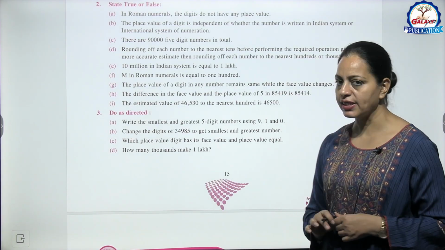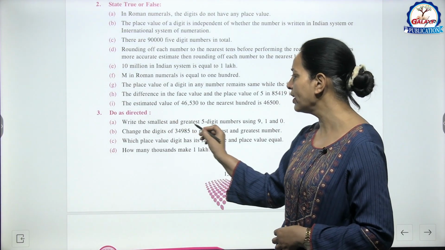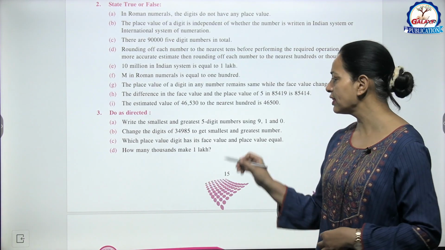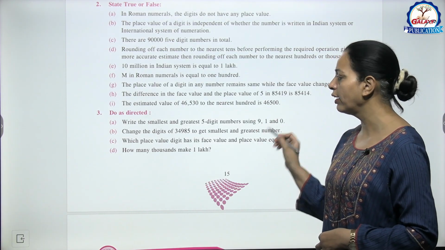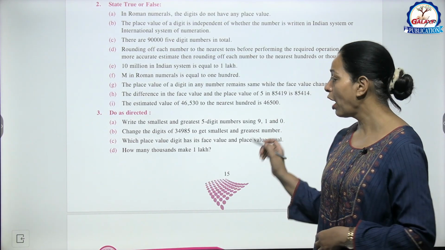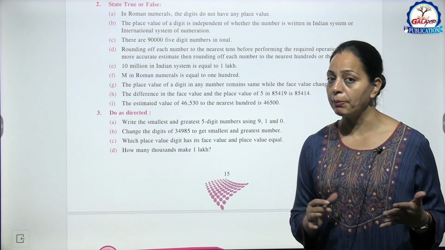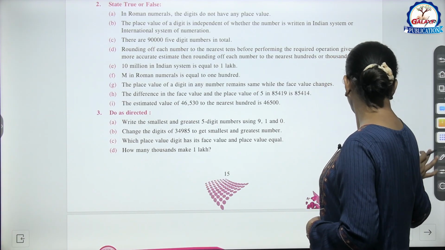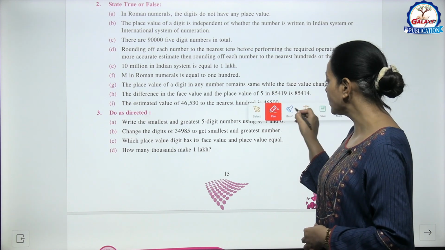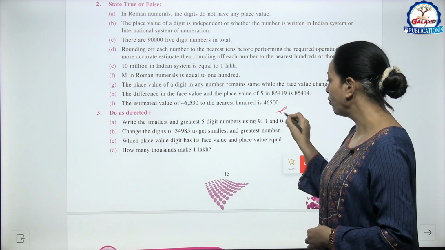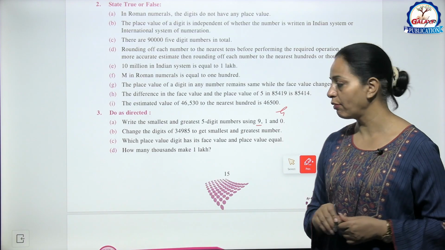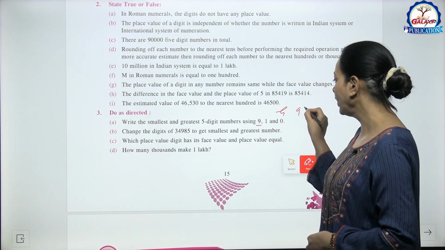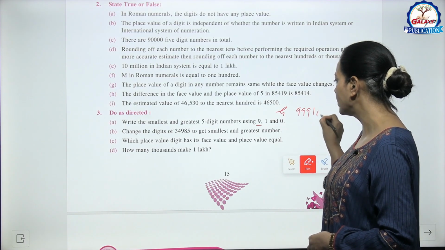Do as directed. A part, write the smallest and greatest 5 digit numbers using 9, 1 and 0. Now we have 3 digits but हमें बनाना है 5 digit number. यानी जब हमें ग्रेटेस्ट नंबर लिखना है देन वी कैन रिपीट ग्रेटेस्ट डिजिट, राइट? सो वी कैन राइट 99910.